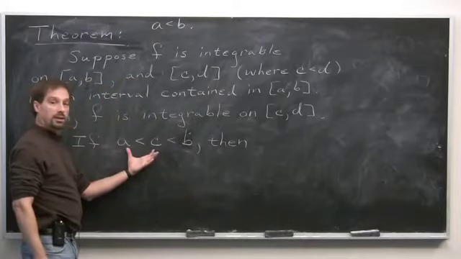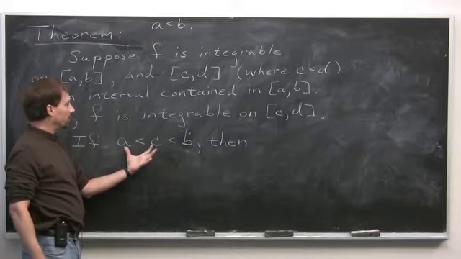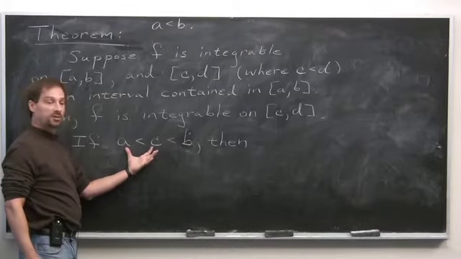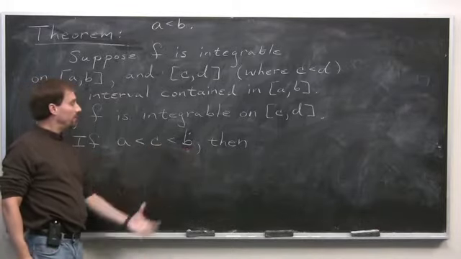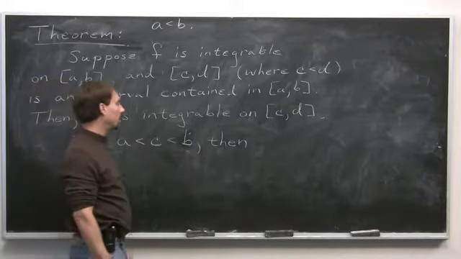Well, we know then from this first part that f would be integrable on the closed interval from a to c. We also know that f would be integrable on the closed interval from c to b.